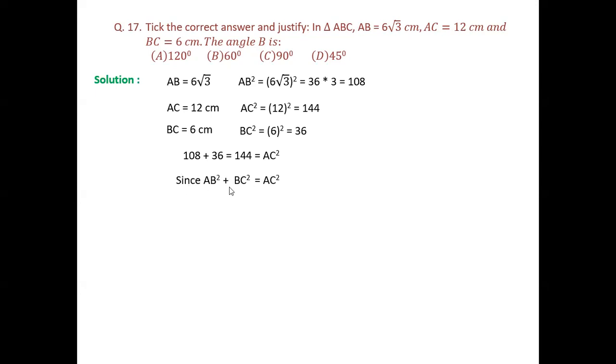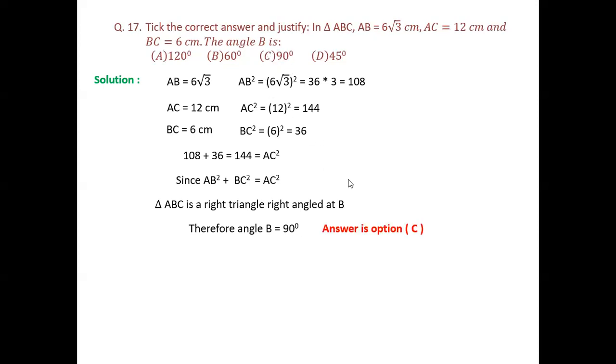Therefore, since AB square plus BC square is equal to AC square, triangle ABC is a right angle triangle, right angle at B. Therefore, angle B is 90 degrees. So your answer should be option C. Yeah, that is the thing.